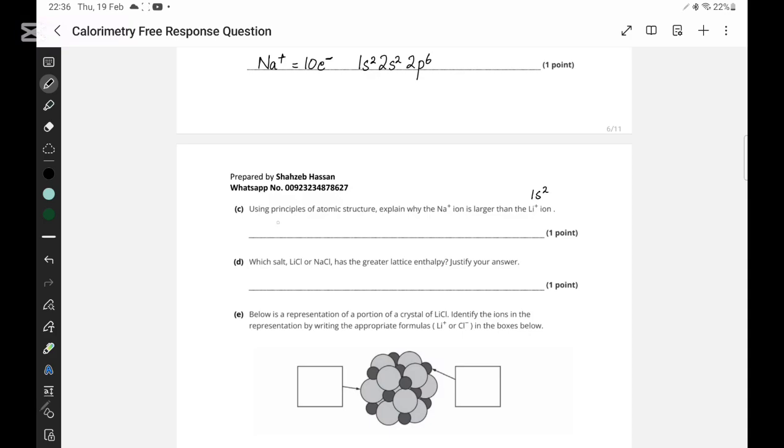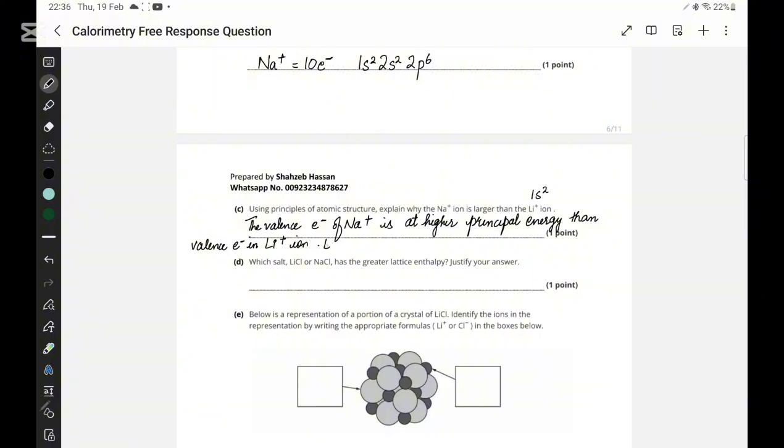So as you know, the valence electron of sodium ion is at a higher principal energy level than the valence electron in Li positive ion.